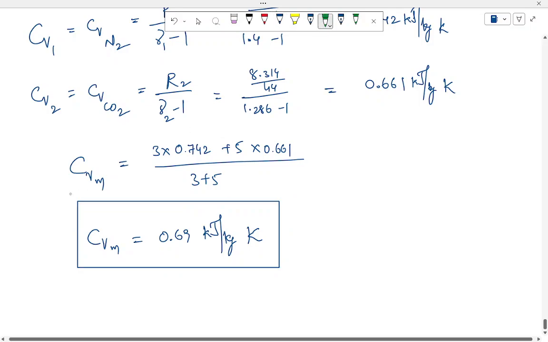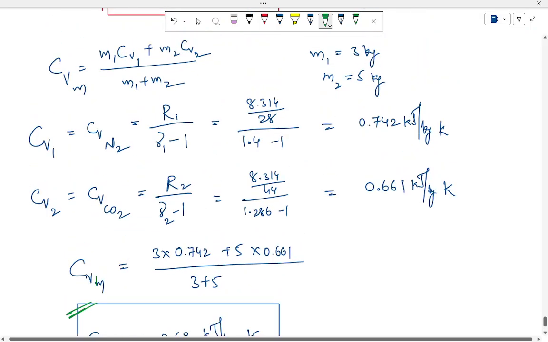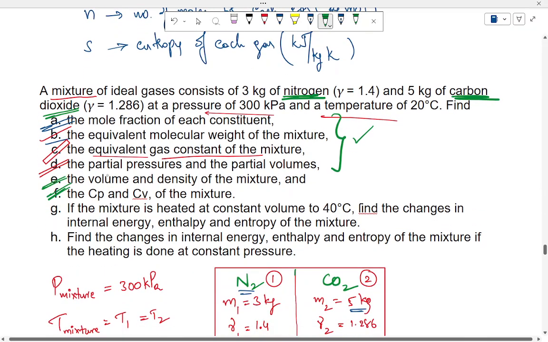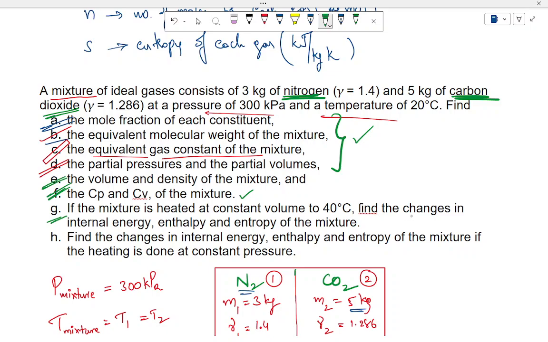So we're done with the Cp and Cv of the mixture. So we're done with the F part of the question. Now we will move to the G part of the question. In the G part, he is asking you to find the change in internal energy, change in enthalpy, and change in entropy of the mixture if the mixture is heated at constant volume to 40 degrees centigrade.